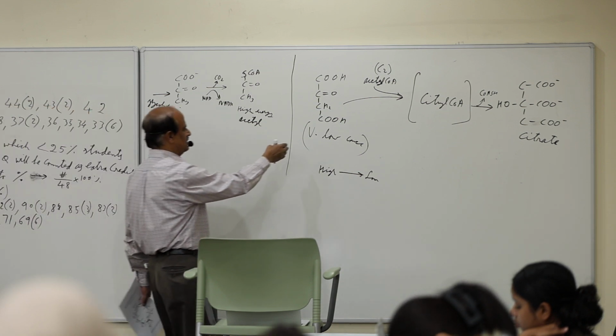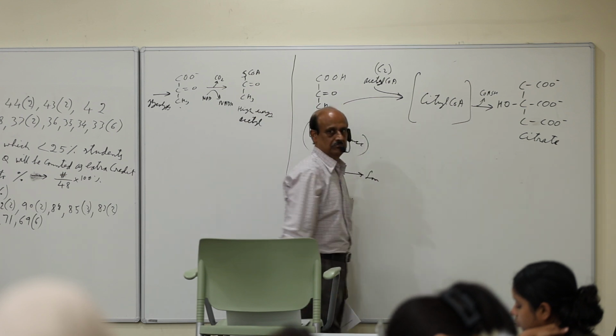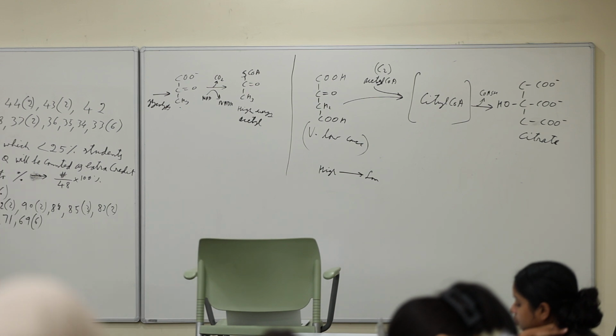And here there is a very low amount, but still this is an irreversible reaction. So how do you make that irreversible? Just by hydrolyzing that high energy bond, and that energy released is what drives the reaction forward. So that's how the first step is irreversible, because that coenzyme A bond is hydrolyzed even though the reactant concentration is extremely low in this pathway.